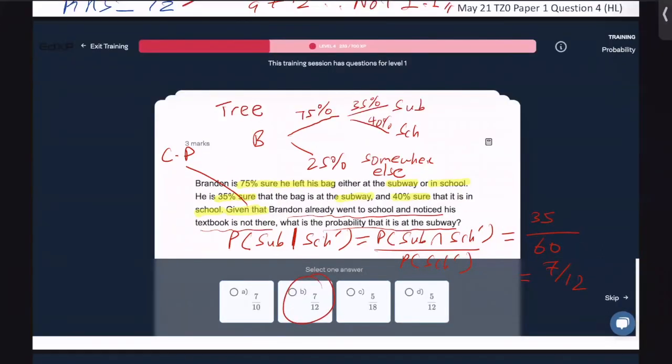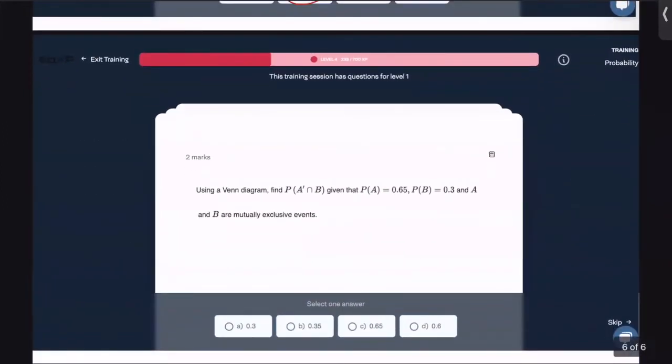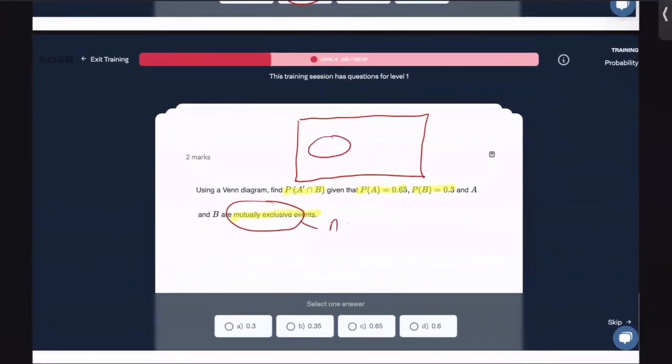Okay, I'll move on to the last example, also from our EdXP database. Using a Venn diagram, for 2 marks, find the probability of A prime intersect B, given that we have P(A), P(B), and A and B are mutually exclusive events. I will just follow the instructions and use a Venn diagram. Since they are mutually exclusive, they do not overlap.